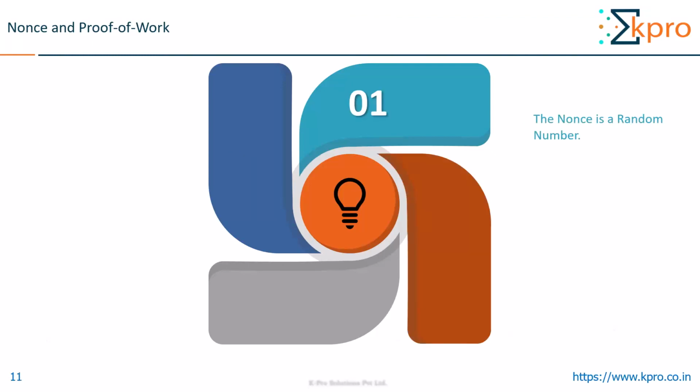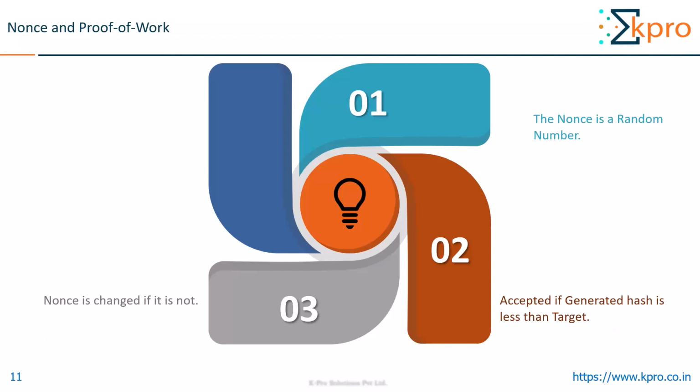Next, there is another field in the block header called nonce, which is nothing but a random number, and this nonce is used by the miners to get the required hash, which should be less than the target hash. Now if the hash that these miners find is not less than the target hash, then they simply increment this nonce value.